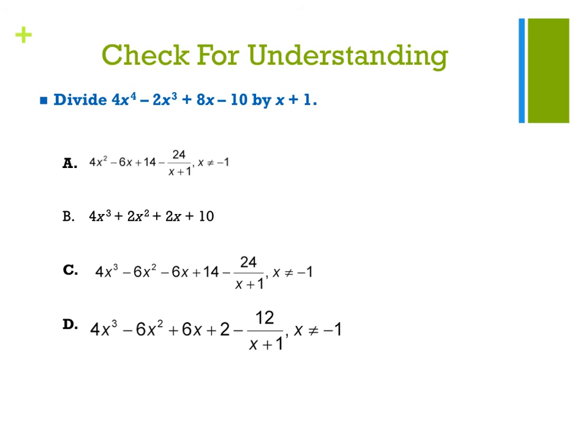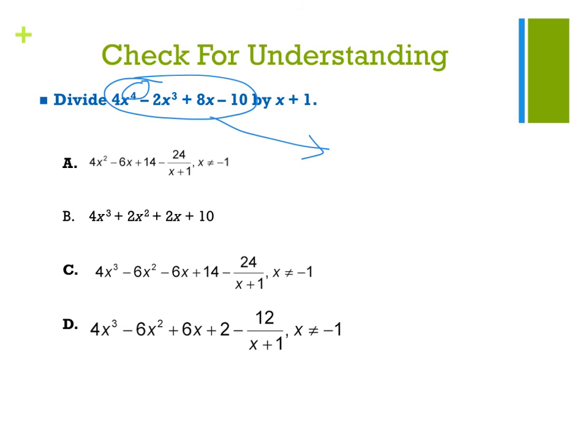All right, everyone, it's time for you to check your understanding. I need you to divide this polynomial 4x to the 4th minus 2x cubed plus 8x minus 10 by x plus 1. Now, I want to make one note because they switched some stuff up here. This function, f of x, this quartic function, because it's a degree 4, is missing a term.